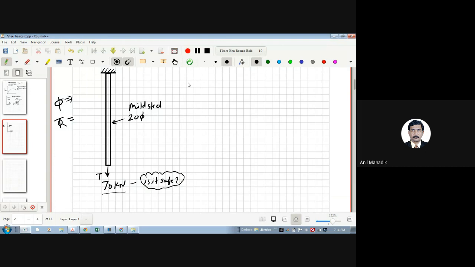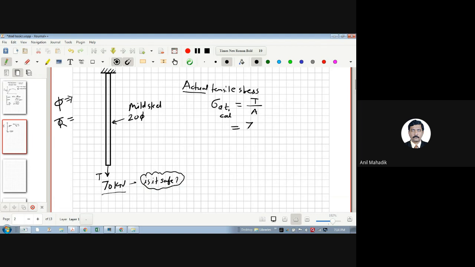So what is the actual tensile stress, sigma at? Generally, whenever we calculate the actual stress, we call it sigma at cal, where cal means calculated. It is tension upon area.